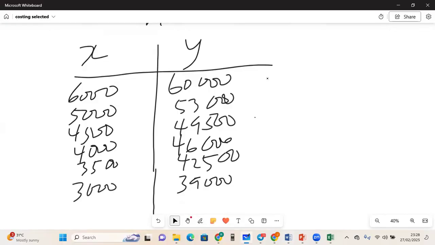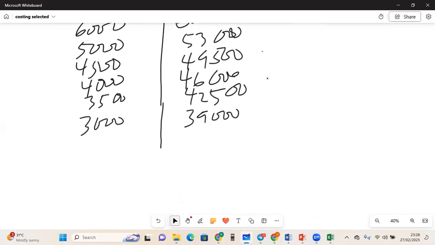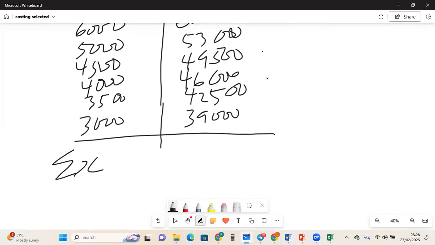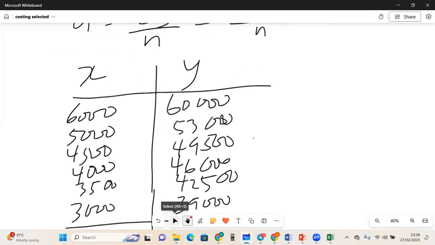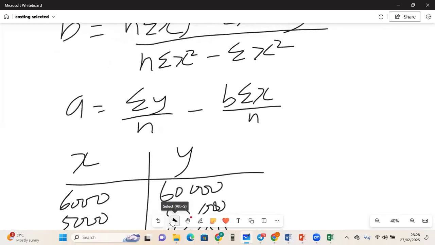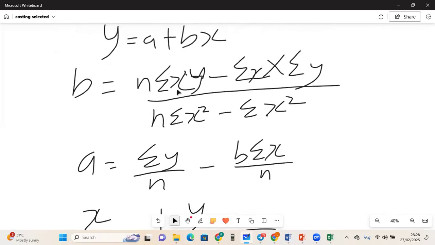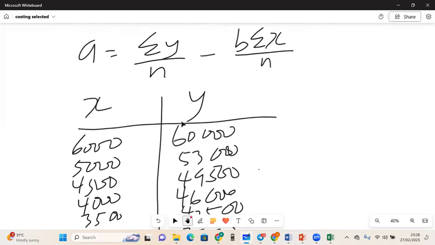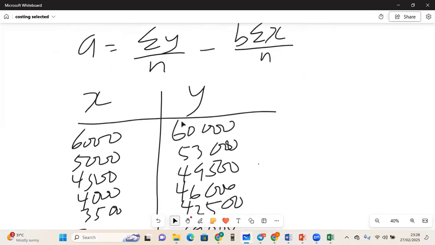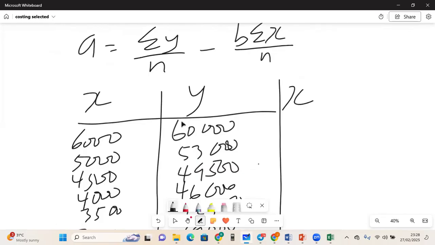Now you can look for the summation of x. So that means you are going to add everything here. And then you can also use the same thing to find the summation of xy. So that means you can create another table here and then say x times y, right?